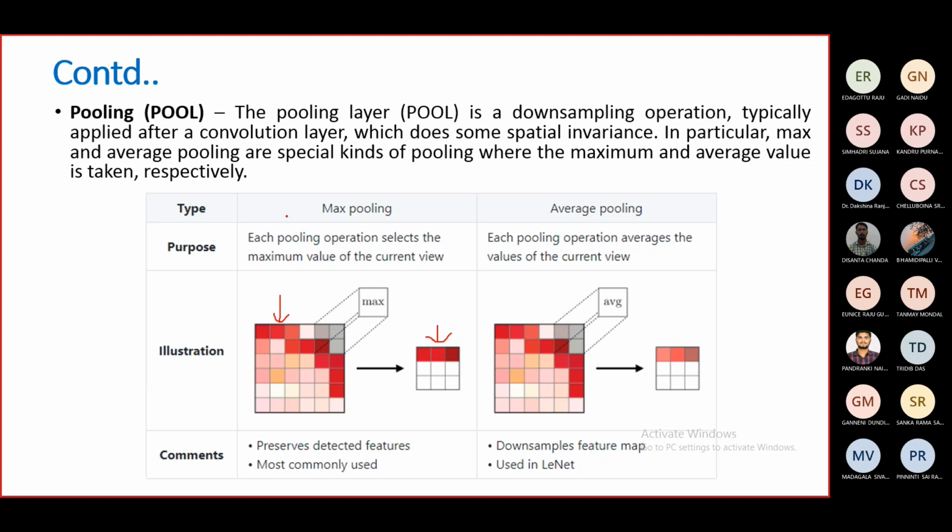After the convolutional layer, generally we apply the pooling layer, and the pooling layer is a downsampling operation.